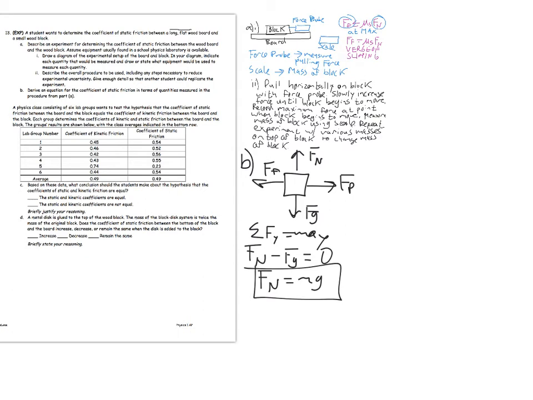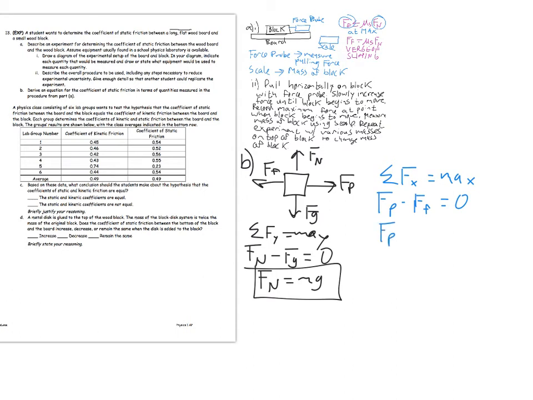Okay? And in the x direction, we're going to have the pulling force minus the force of friction, and that's going to be equal to 0. Also, because we're thinking about that point when the block just begins to move, that minimum force necessary to make it start to move, on the verge of slipping, our acceleration is 0.